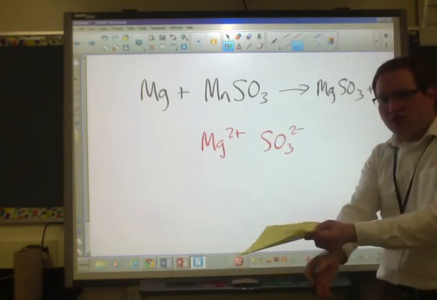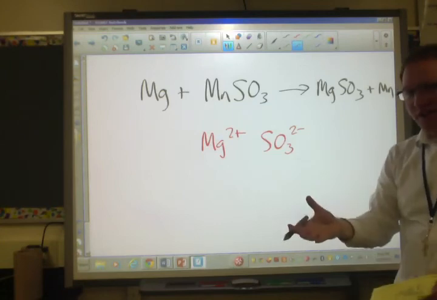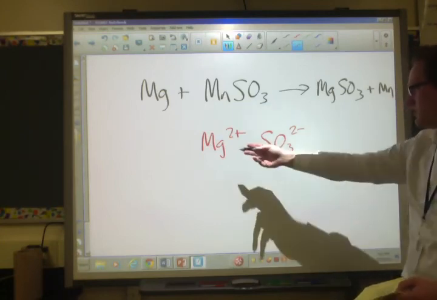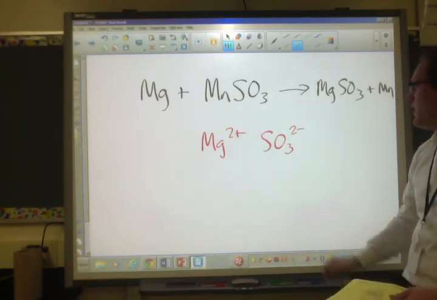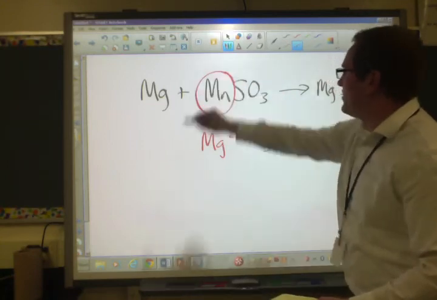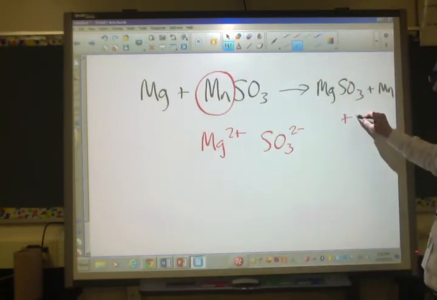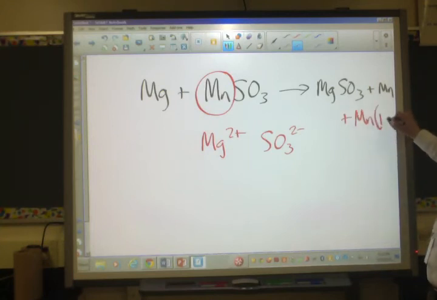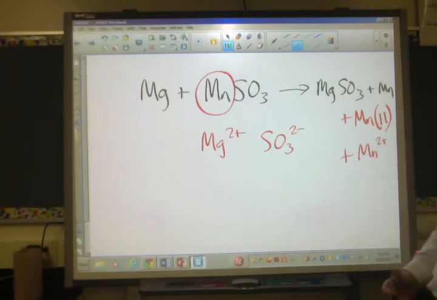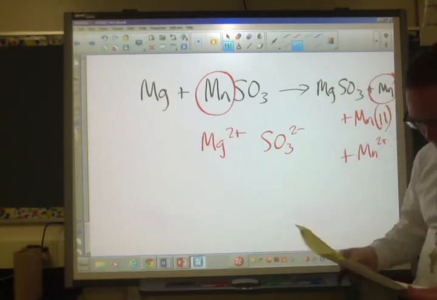Crisscross rule is going to be 2, 2, simplify it down to 1, 1, or you could just look at this and say, oh, it's 1 to 1. And as for this manganese, even though it has a charge of 2 plus, we don't write anything. We're not going to say plus Mn2+. Once it gets kicked out, it just becomes neutral. So just plus Mn.